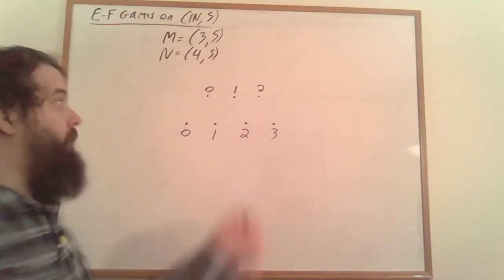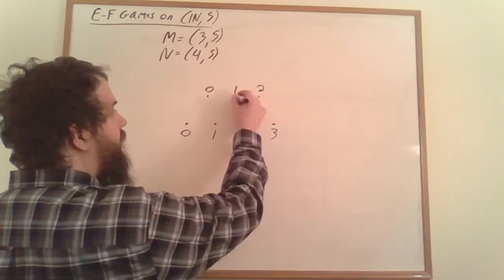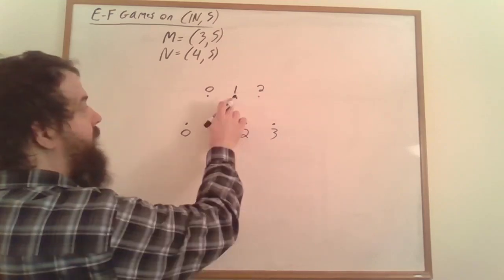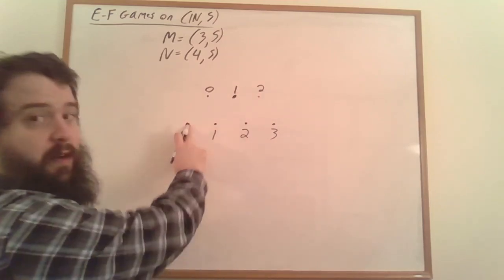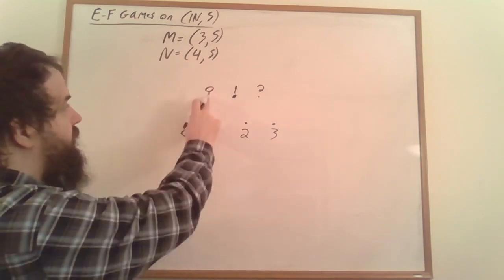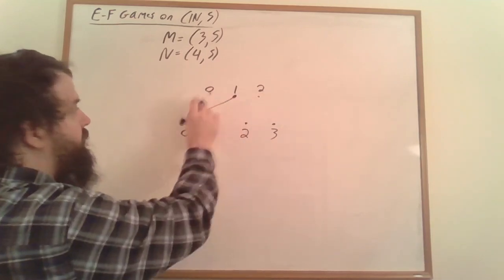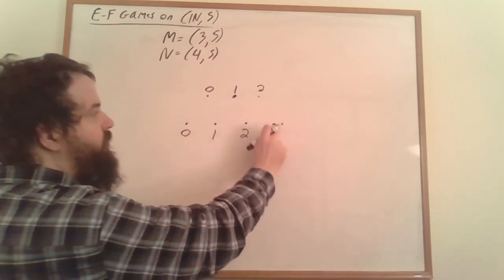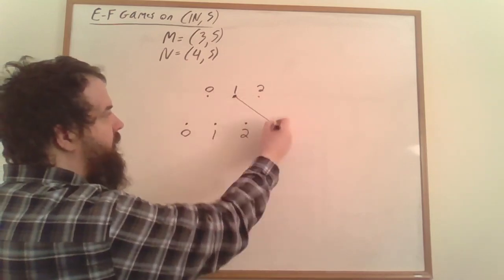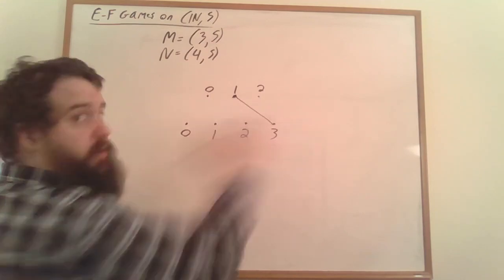Spoiler starts by playing here, and duplicator can match this point to, if duplicator matches it here, then spoiler plays here, and duplicator loses. If duplicator matches here, then spoiler plays here, and duplicator loses.